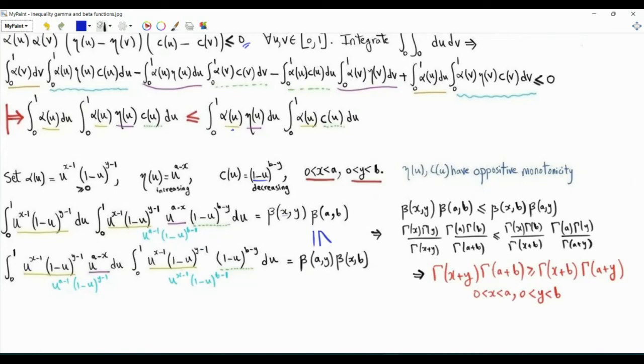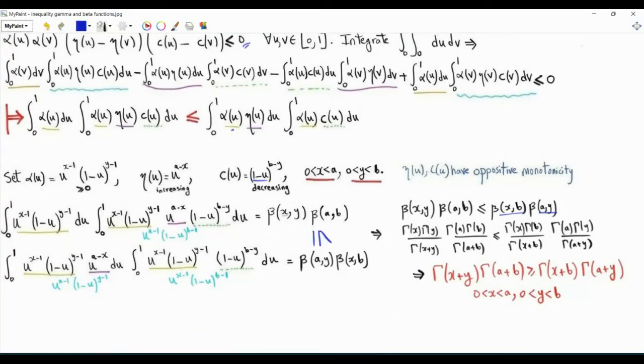Now to get our desired inequality in terms of the gamma function, just express each beta function in terms of the gamma function. So beta of x, y is gamma of x, gamma of y over gamma of the sum. And beta of a, b is gamma of a, gamma of b over gamma of a plus b. Now on this side, this one will give us in the numerator gamma of x, gamma of b, and this one in the numerator will give us gamma of a, gamma of y. And so in the numerator on the left-hand side, we have gamma of a times gamma of b times gamma of x times gamma of y.